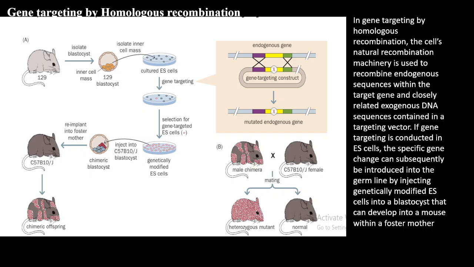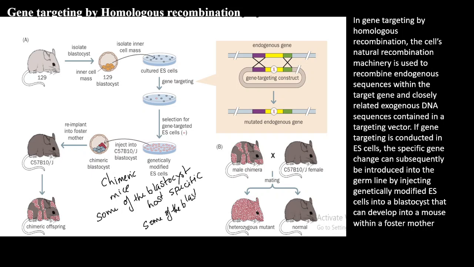So here, if you see, what is this chimeric mice? It means some of the blastocyst cells will be host specific, and some are going to be derived from this mutant ES cells.